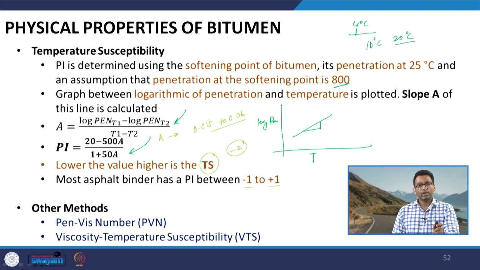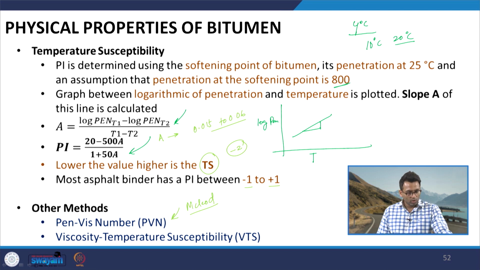Well, there are other methods also, as I said, which can be used to determine the temperature susceptibility, though they are not very popularly used. One of these methods is the penetration viscosity number, which was proposed by MacLeod, and in this method, in order to assess the temperature susceptibility, we calculate the penetration viscosity number. So, the penetration at 25 degrees Celsius and the viscosity value either at 135 degrees Celsius or 60 degrees Celsius can be used in a formula to calculate the temperature susceptibility.